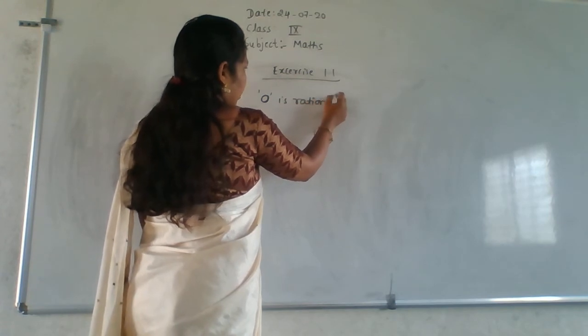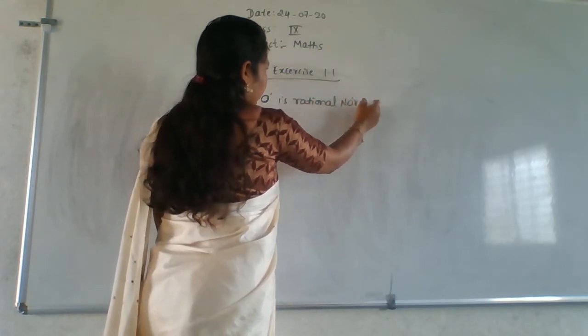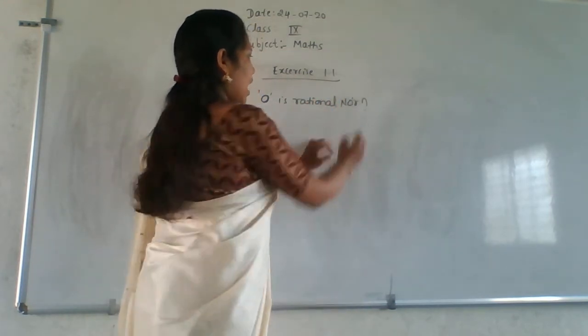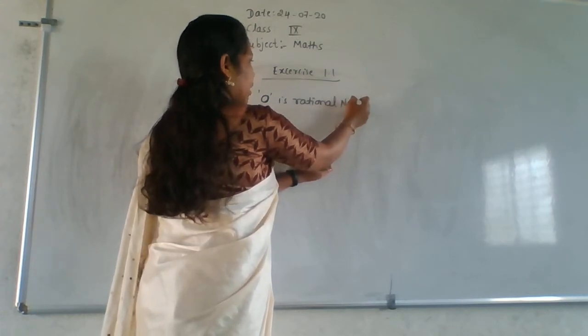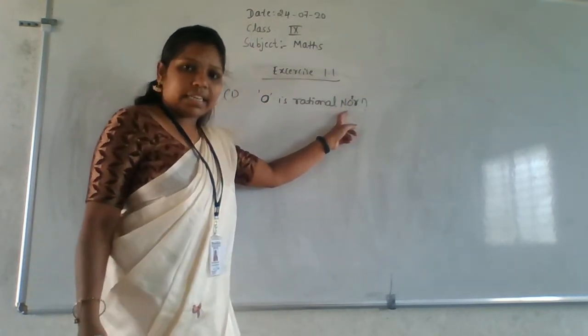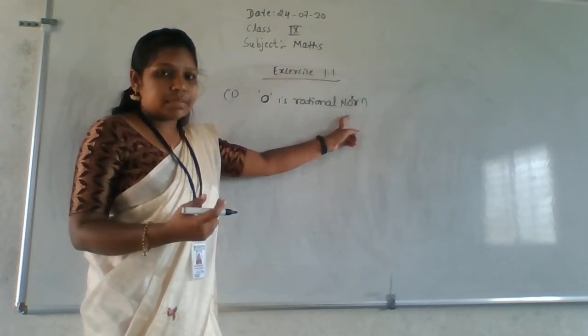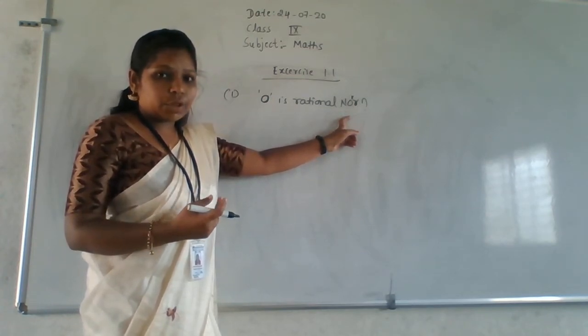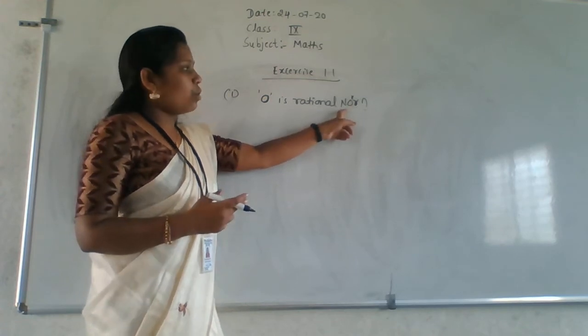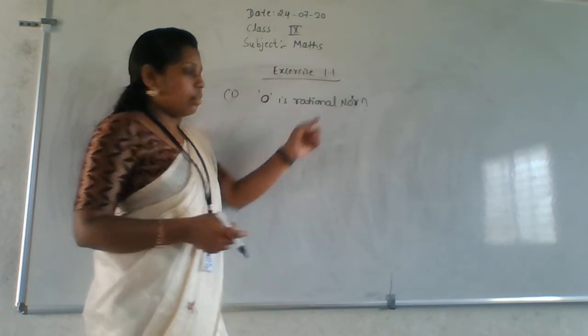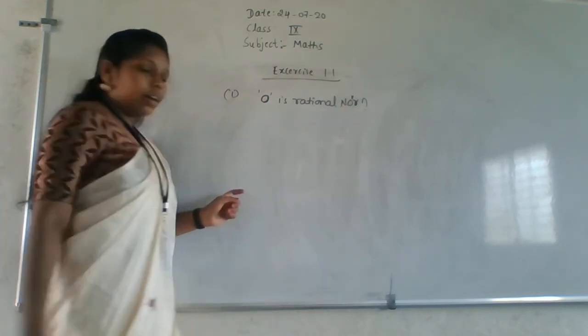Here "no." is short for number. You don't write like this, okay? I am just writing it because of shortage of time. So 0 is a rational number.